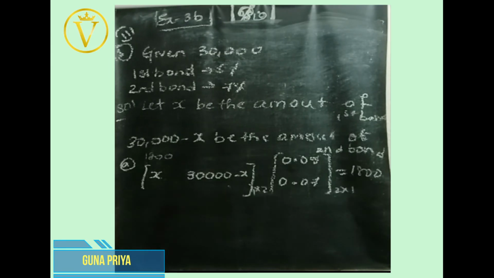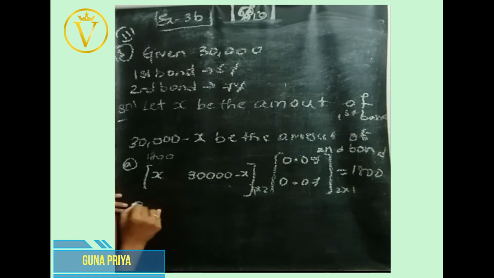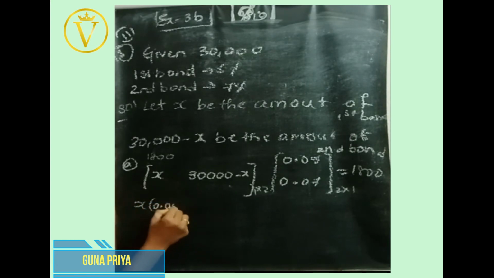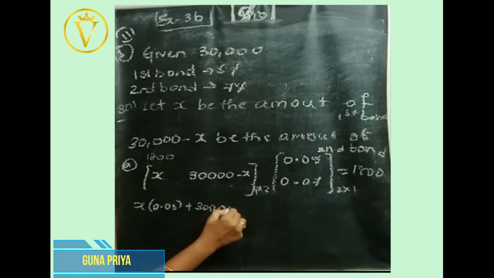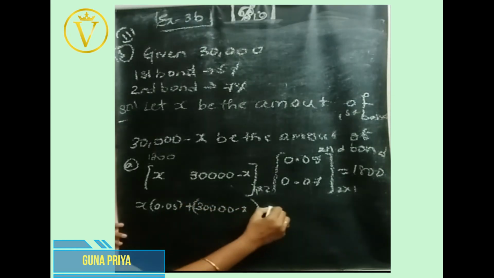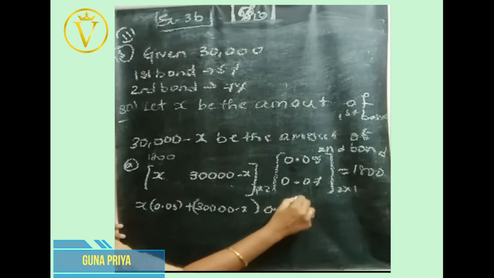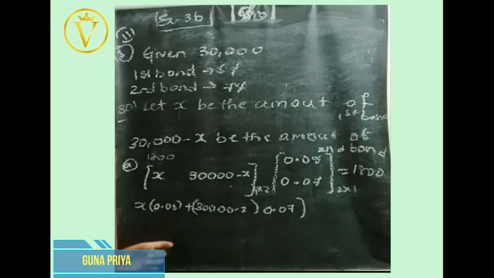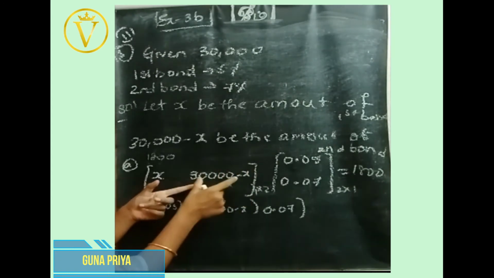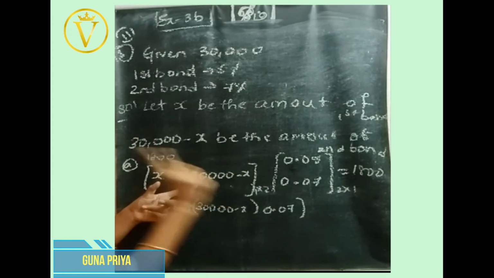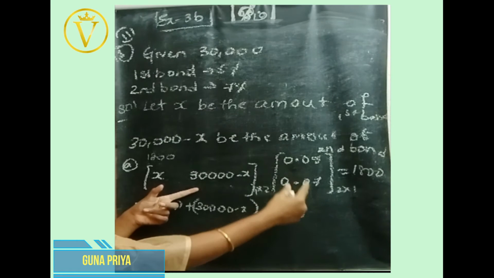Now multiply. x into 0.05 plus 30,000 minus x into 0.07. Many students make a mistake here. 30,000 minus x is one term, so these two terms together are one term multiplied with 0.07.